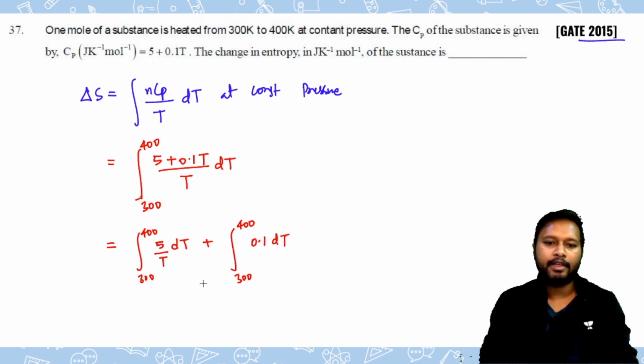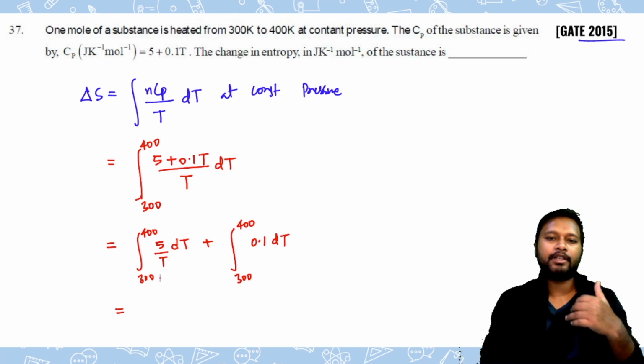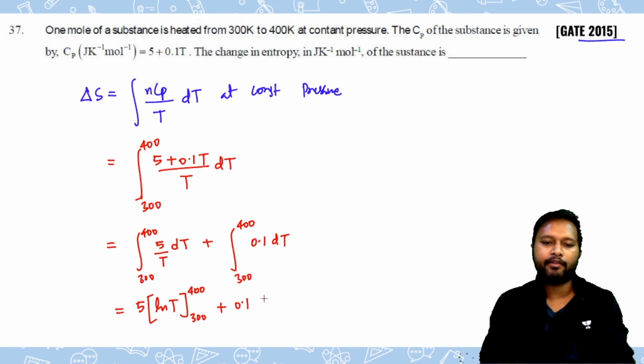Now since 5 is a constant, that will not get integrated. 1 upon T has an integration of ln T, so you will have 5 ln T, upper limit 400, lower limit 300, plus here 0.1 is a constant, that won't get integrated. dT will have an integration of T, upper limit 400, lower limit 300.